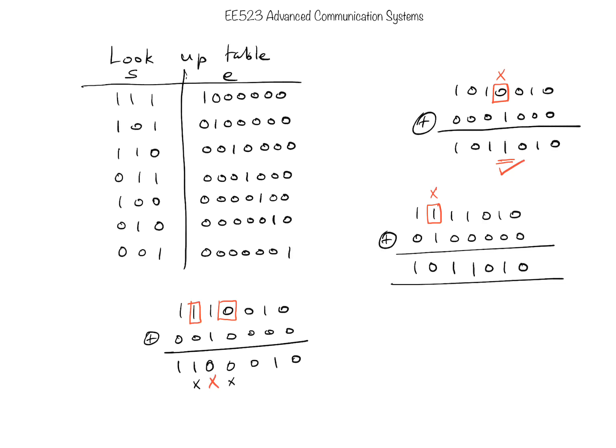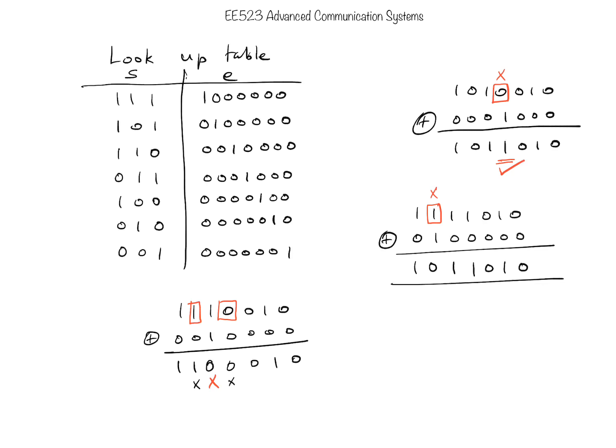So it has made the problem even worse. Previously the received code word had only 2 errors, but now the decoder has introduced another error and made it 3 errors. Why? Because it is beyond the capability of the decoder, because the decoder for the Hamming code is designed to fix a maximum of 1 bit error.